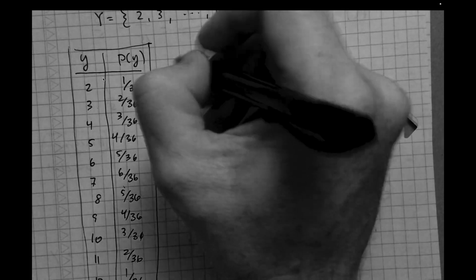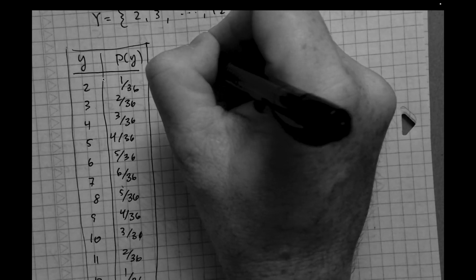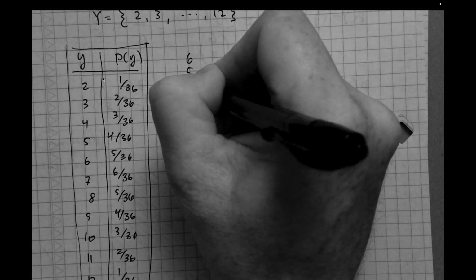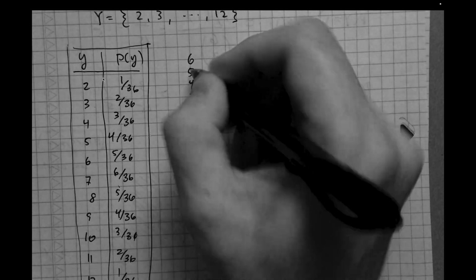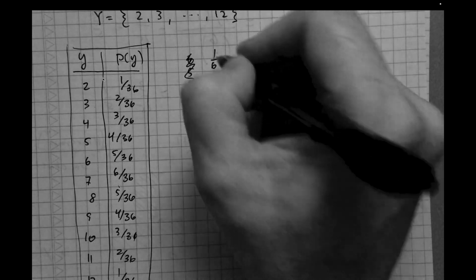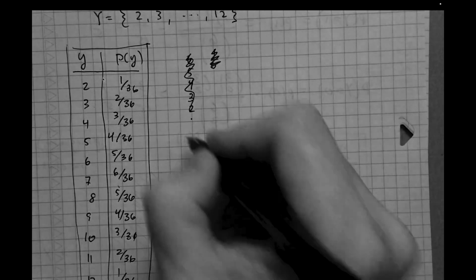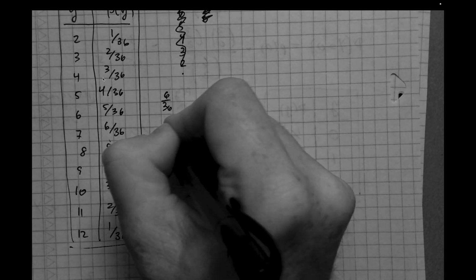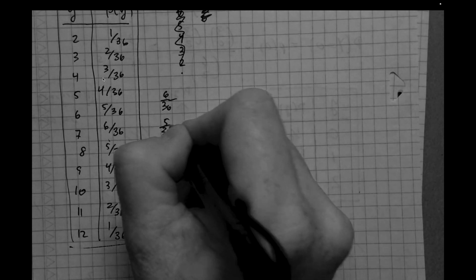Now we can also represent this as a table. Let me rewrite that. For 7, it's 6 out of 36. I apologize, folks. Let me put it down here. So we've got 6 out of 36, 5 out of 36, 4 out of 36, 3 out of 36, 2 out of 36, 1 in 36.